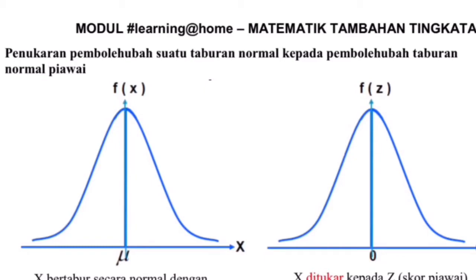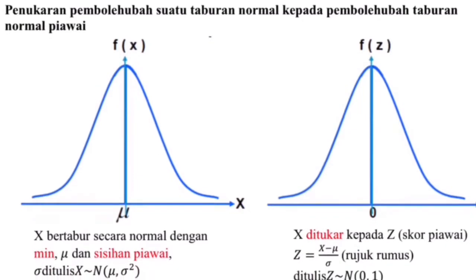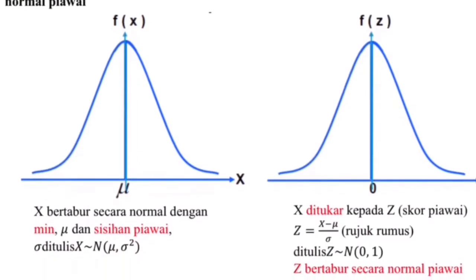In the SPM exam, your teacher will prepare the buku sifir for you on the table, or maybe in the question paper itself, they will print one page of the normal distribution table for you to refer to. So we have f(x) and f(z).